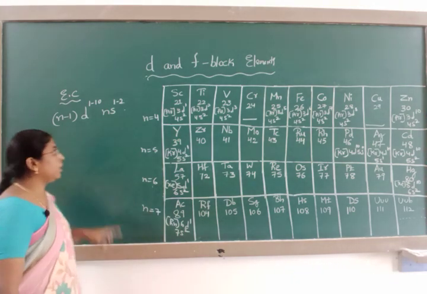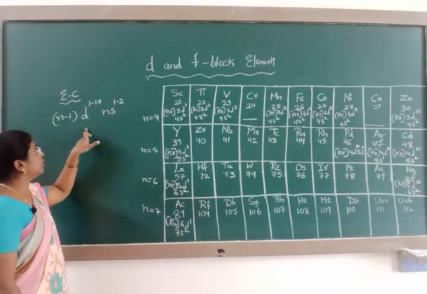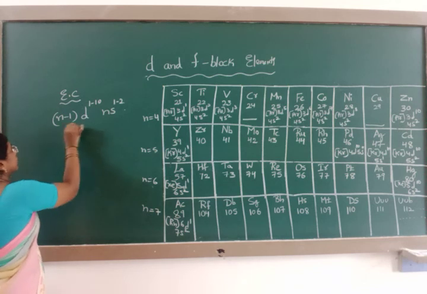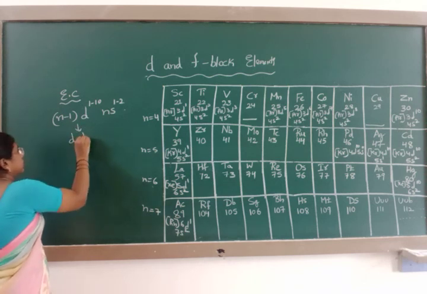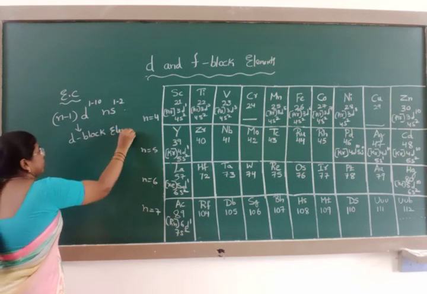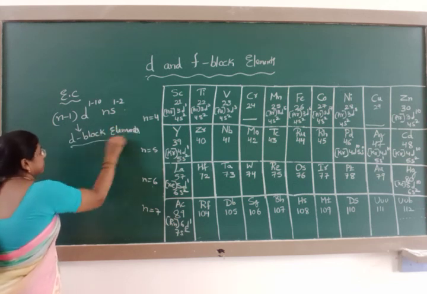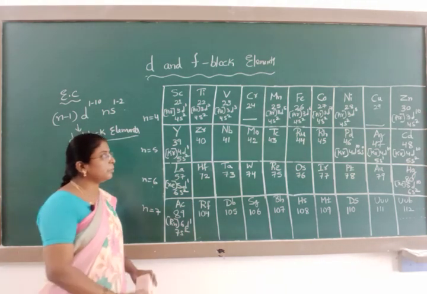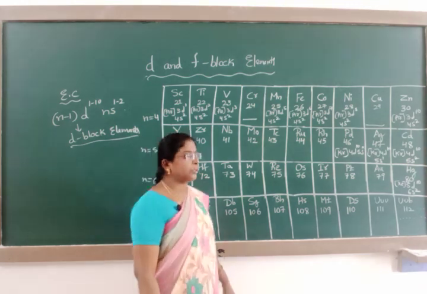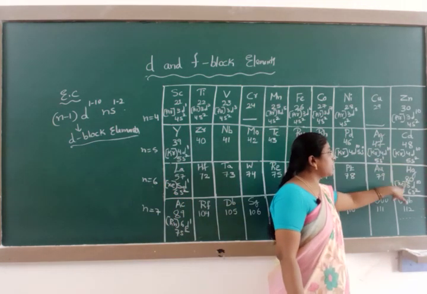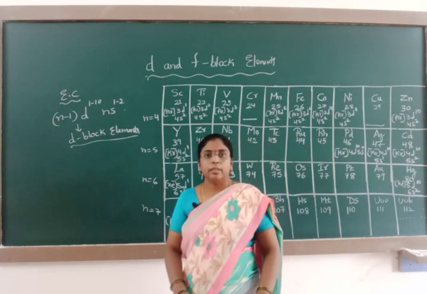The general electronic configuration for d block elements is (n-1)d 1 to 10, ns 1 to 2. The last elements zinc, cadmium and mercury have completely filled d orbitals as well as completely filled s orbitals.